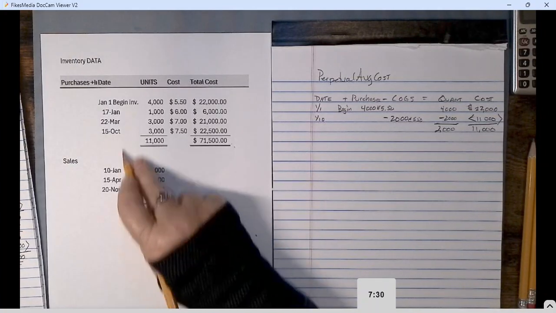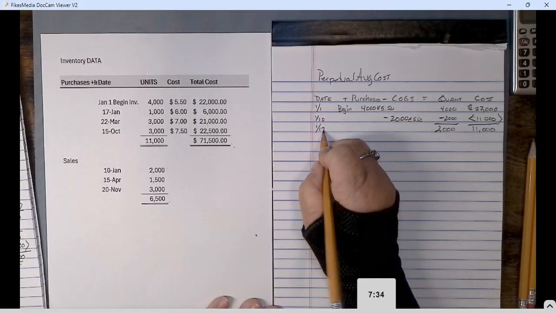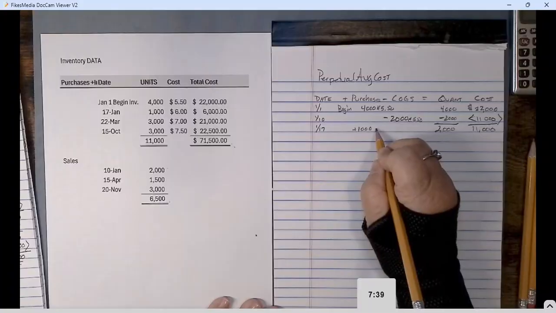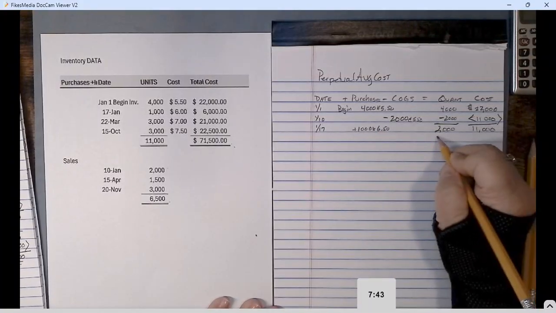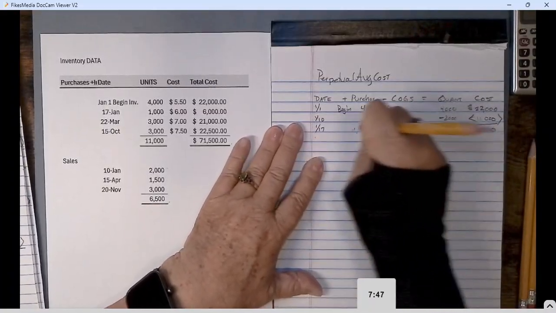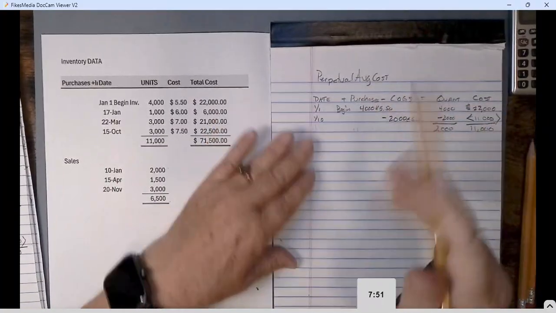Next date, 1-17. I add 1,000 units at $6.50. Sorry about that, I needed to skip a line there.